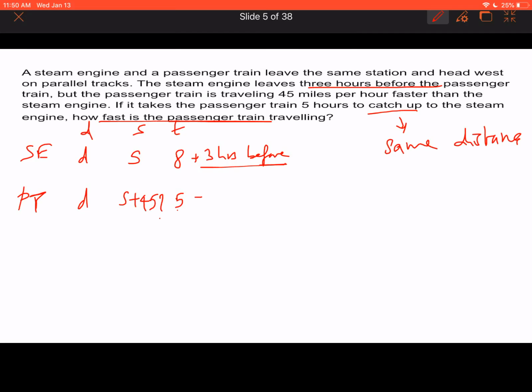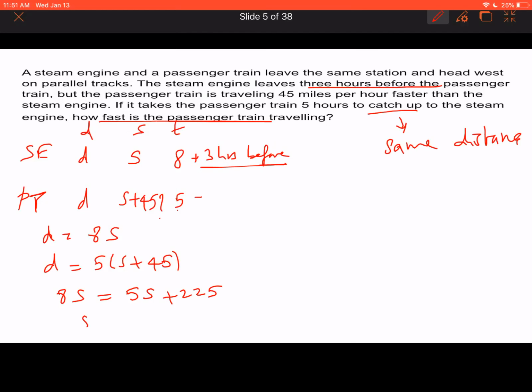So we get two equations. D is equal to 8s, and also D is equal to 5 into s plus 45, right? Since D is going to be the same value, we can equate them: 8s is equal to 5s plus 225.